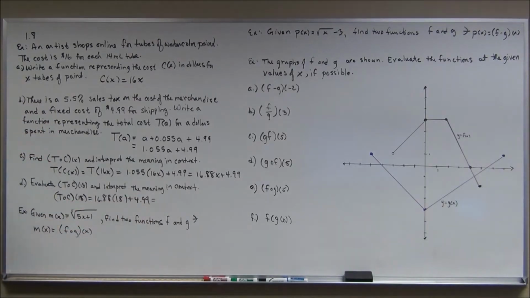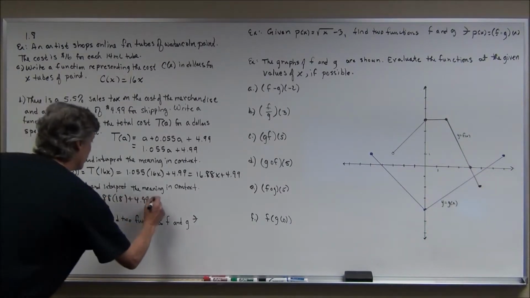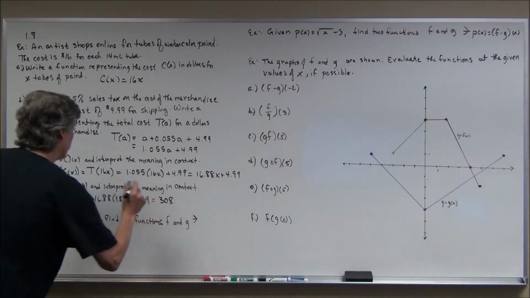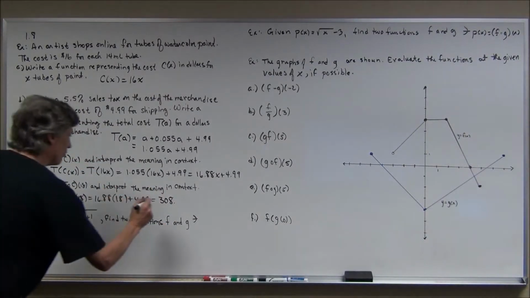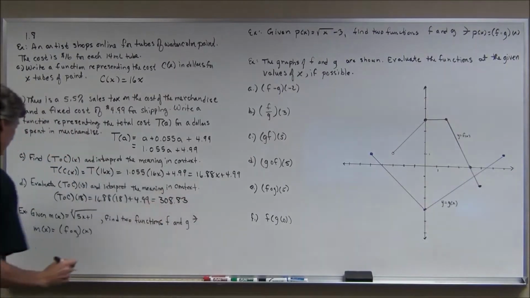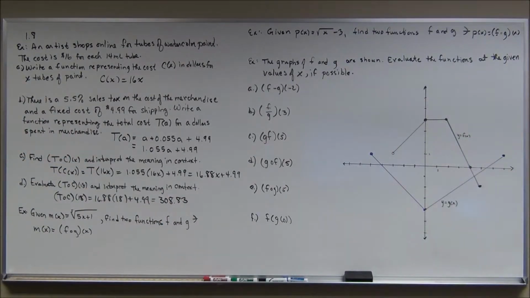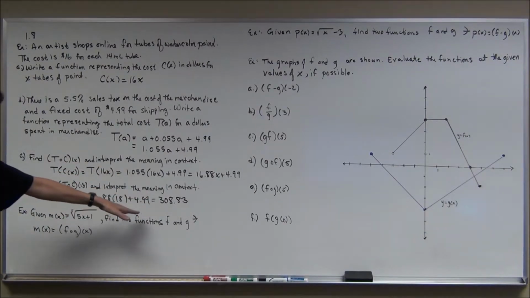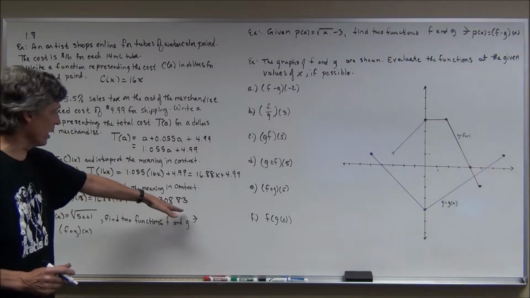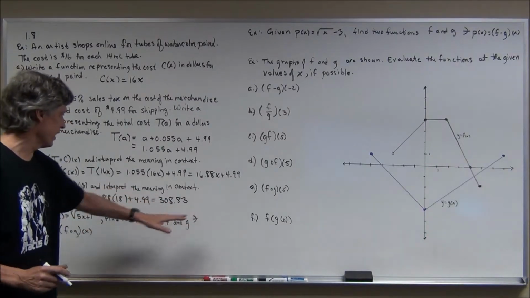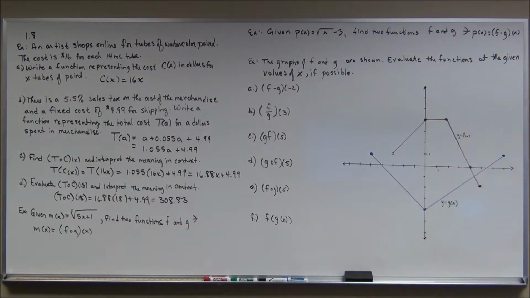So I have to multiply 16.88 times 18, add 4.99, round it to the nearest penny, to the nearest hundredth, and I get 308.83. This is, of course, money here. It says interpret the meaning in context. To order 18 tubes of paint, it would cost $308.83, and again I would write that out, I just didn't leave myself very much space.